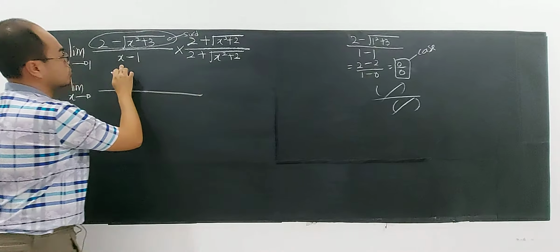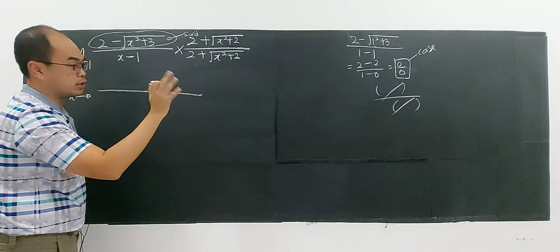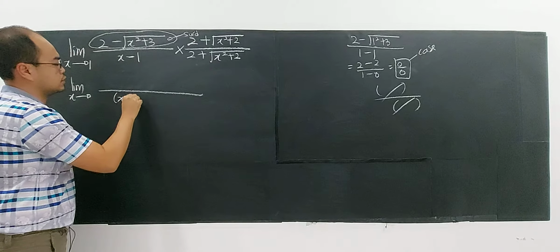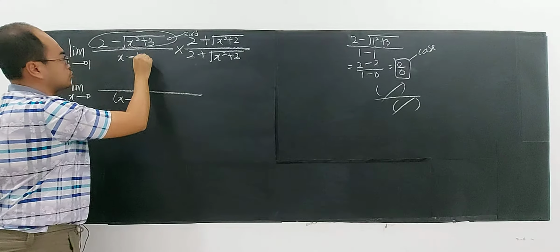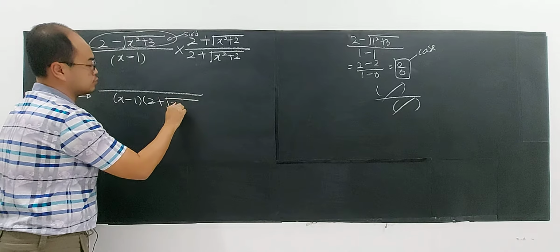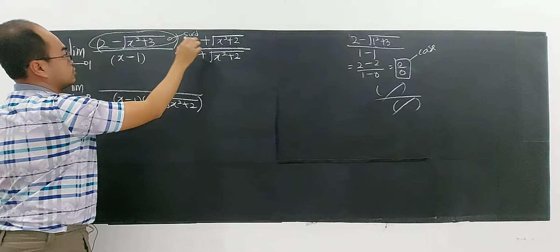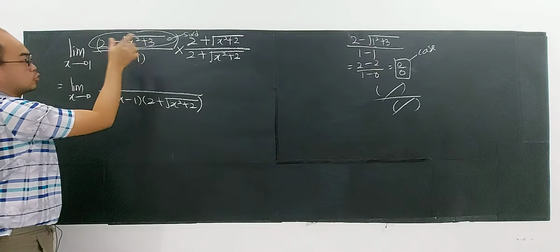Now for these two, this is not a conjugate pair. If they are not a conjugate pair, we just put them side by side. Don't try to expand this, you will get more tedious. Now expand this one and this one, you will get a conjugate pair.